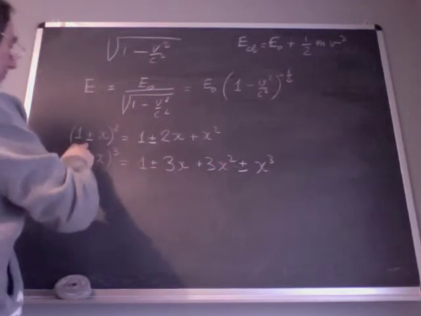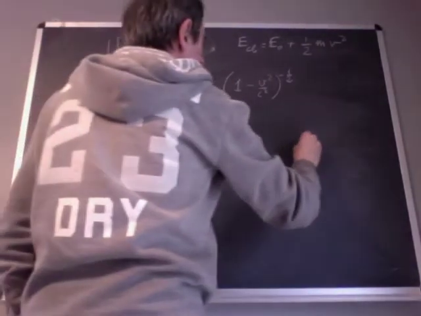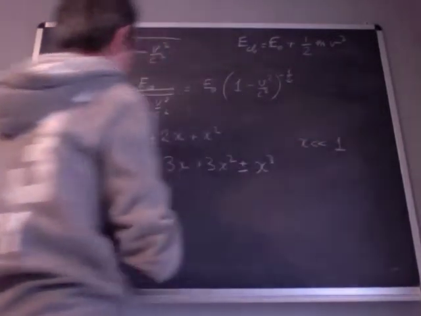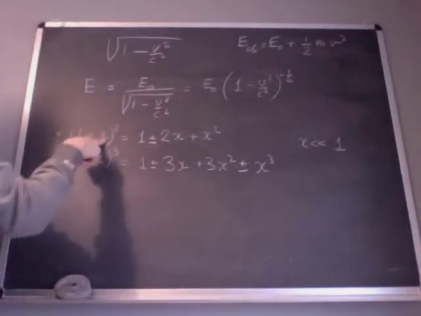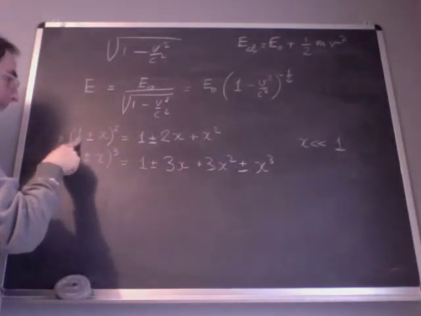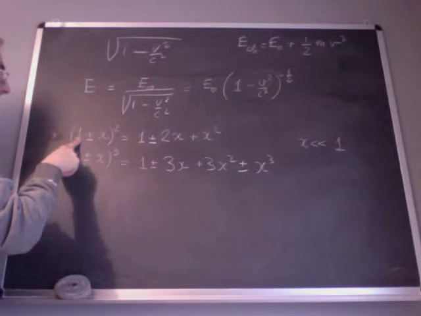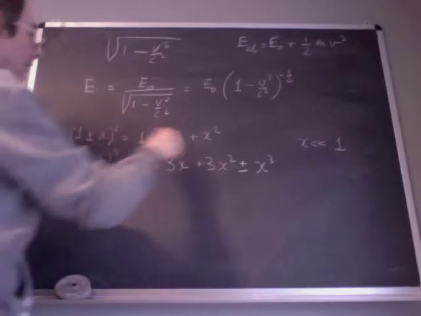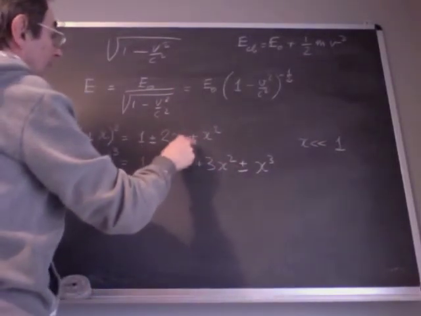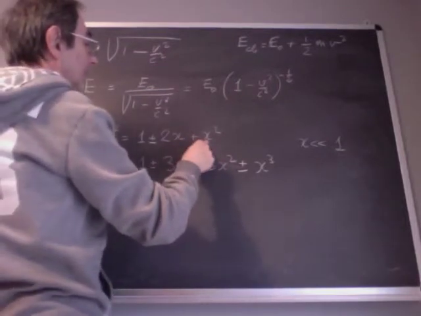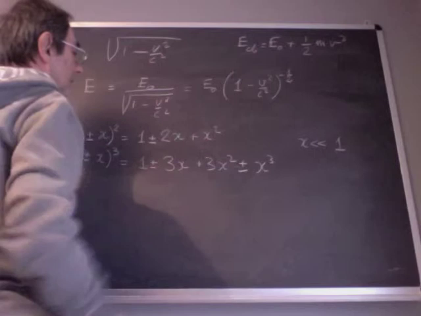In the approximation of x much less than 1, so when the second term in the binomial expression is much smaller than the first one, here you have a number that is much smaller than 1 squared.